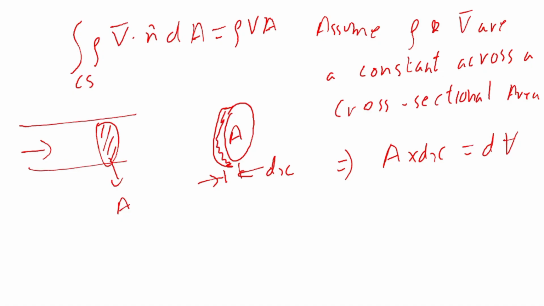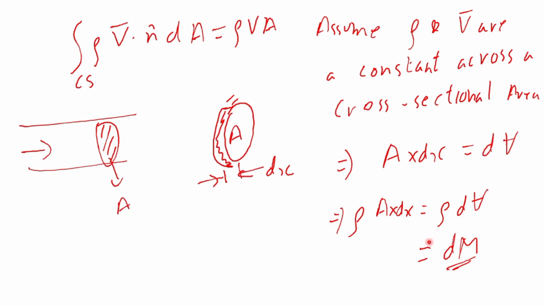Now what is rho times A times dx? That is rho times the small volume of this element, and rho times the volume is nothing but mass. So it's the mass of this small element right here.